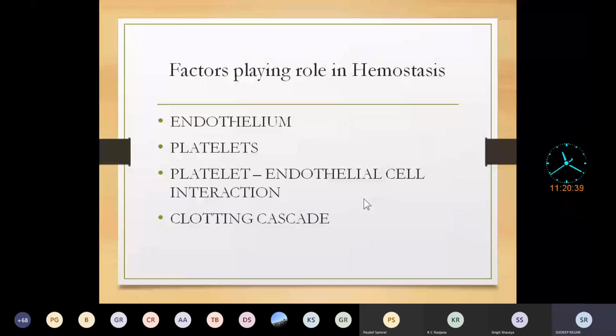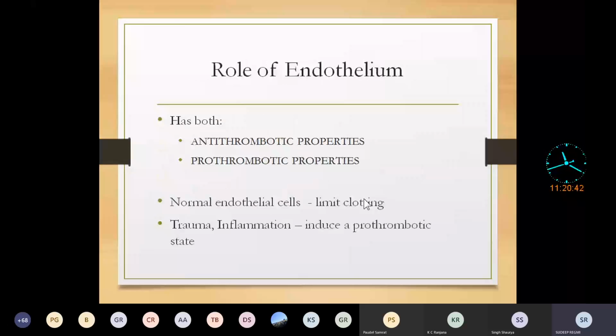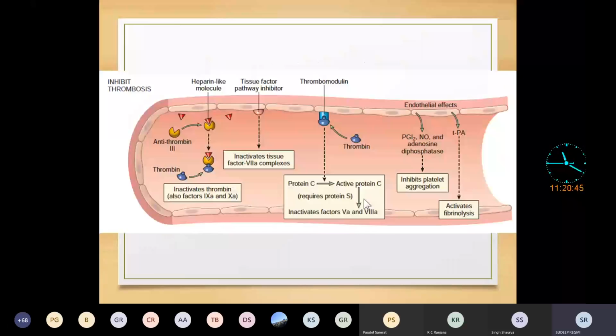And then we talked about endothelium. Briefly I would like to revise that in endothelium there are heparin-like molecules which will inactivate thrombin along with factors 9A and 10A.